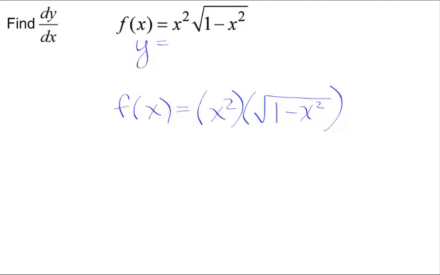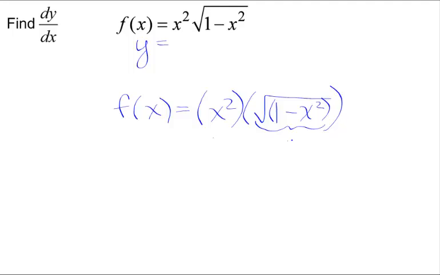That's a product. But when I do d2, 1 d2 plus 2 d1, when I do d2 in my product rule, I have something that's being operated on. d2 is going to require the chain rule.